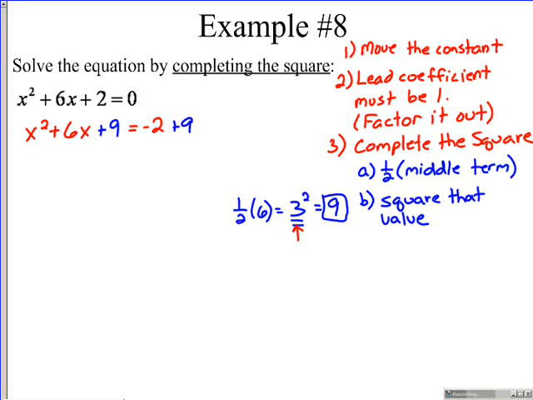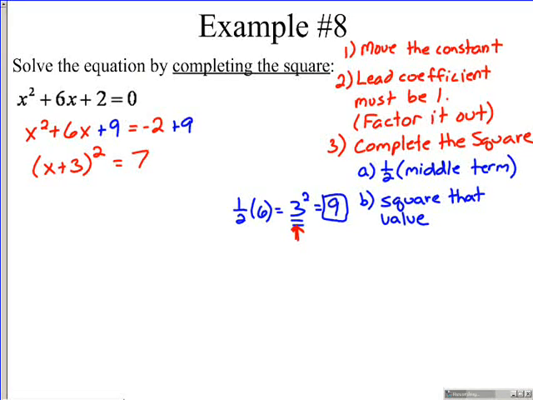In this case, half the middle term was +3. So this is going to factor as x plus 3, the quantity squared. So there should be no thought process into looking at that trinomial and being, well, I'm not really sure how that factors, because every single time it's going to factor to whatever half of the middle term was. So x plus 3 squared equals -2 plus 9 is 7.